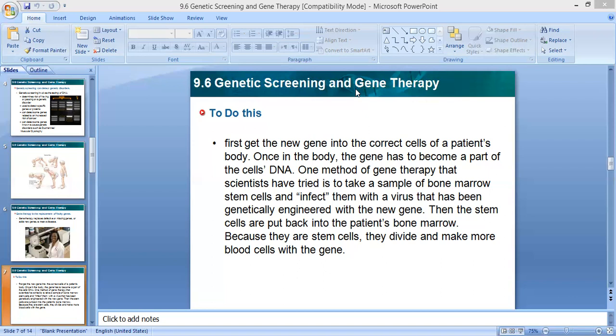What they are going to do now to make this gene introduced to these cells? بياخدوا sample من البون marrow stem cells and infect them with a virus that has been genetically engineered with the new gene.